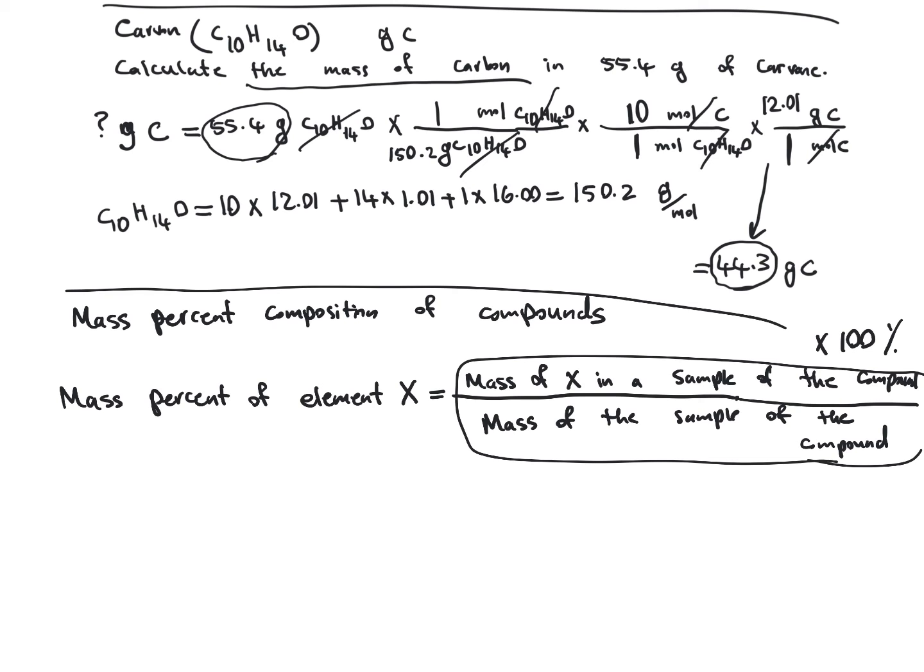It's like calculating a percentage: if you want to see what percent got an A in a course, you count the students that got an A, divide that by the total number of students, and multiply by 100. It's the same thing here. You have the mass of that element in the compound, divide that by the mass of the compound, multiply by 100.